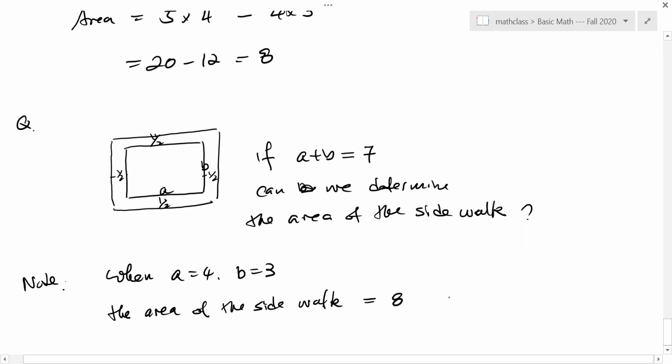But is this always true or not? If we change the dimension of the inner rectangle, does it change the area? See, in mathematics, what is a so-called theorem?